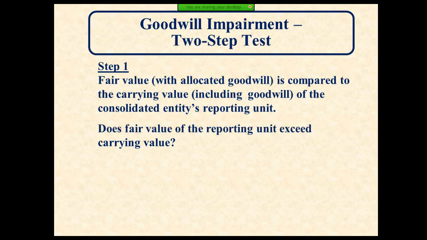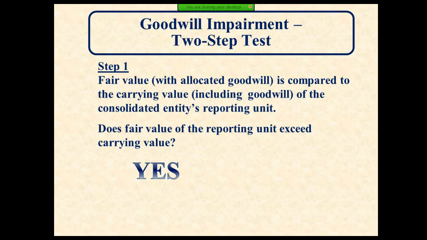So there's a two-step test related to testing for impairment. The fair value gets compared to the carrying value of the consolidated entity's reporting unit. Does the fair value of the reporting unit exceed what we see as the carrying value?